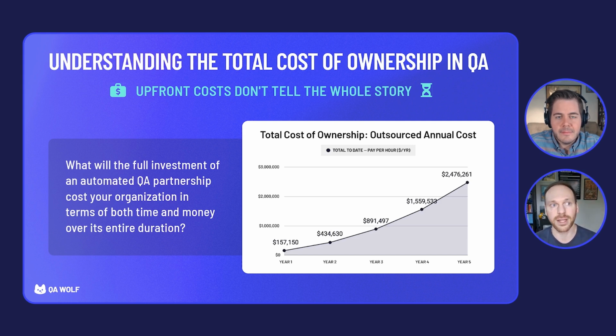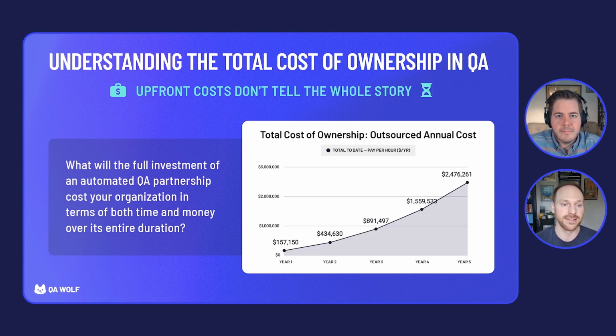So really, the underlying question that we're looking to answer is what will the full investment of an automated QA contract cost your organization in terms of both time and money over the entire duration? I've seen a lot of different engineering leaders and finance leaders whose approach to purchasing a QA solution is to focus on the upfront numbers, which are the licensing fees, the hiring costs, or the implementation expenses.